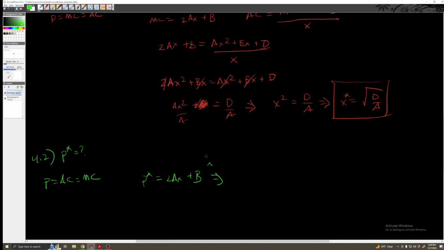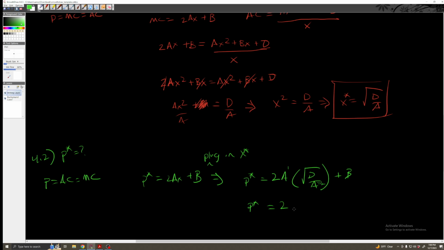We're going to plug in x star, square root of d over a, plus b. Then we can simplify this to make it a little easier to work with. This is a to the 1, this is a to the negative 1/2.